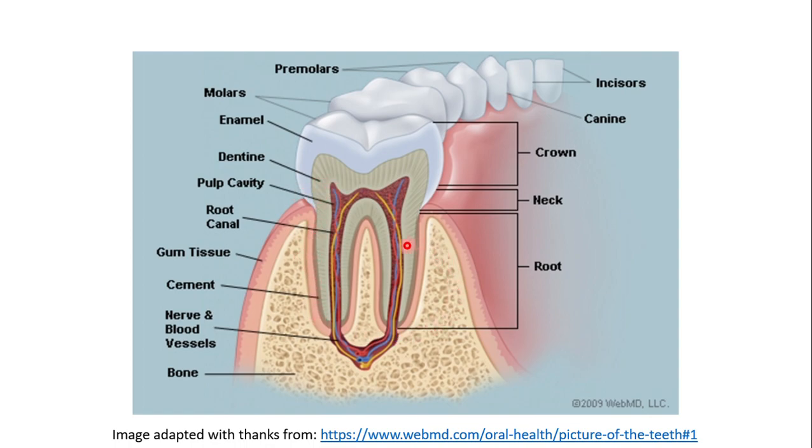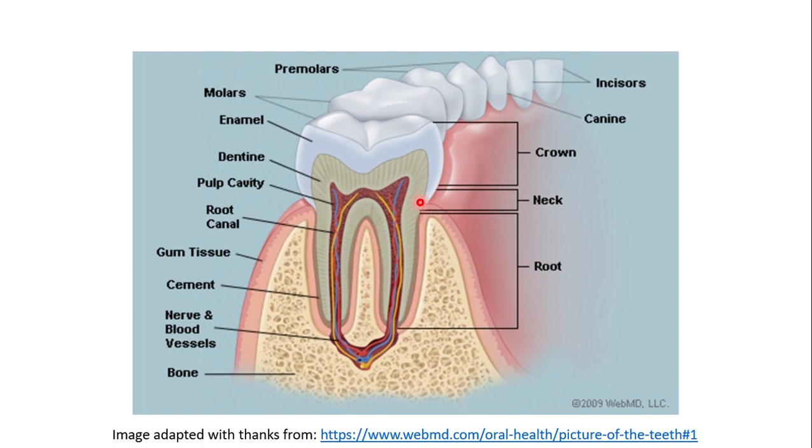You can see that the tooth sits inside this structure, which is called the socket. If you look at this socket, you will find different structures. This is the gum tissue, and beside the gum tissue, these are called periodontal ligaments.